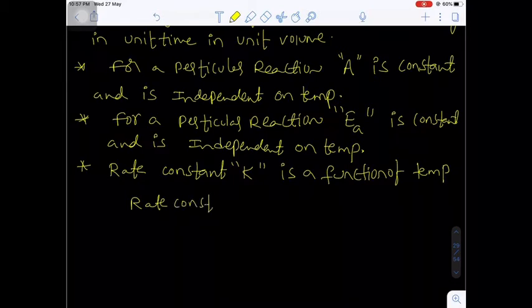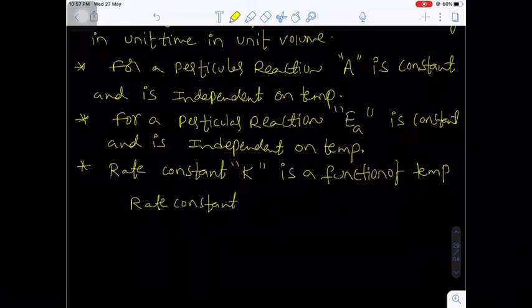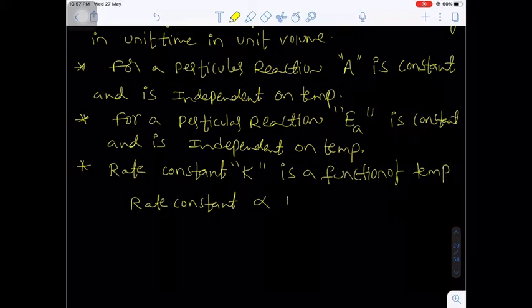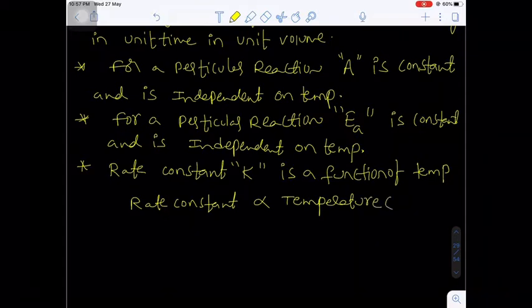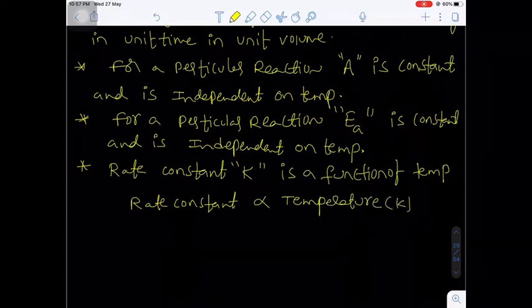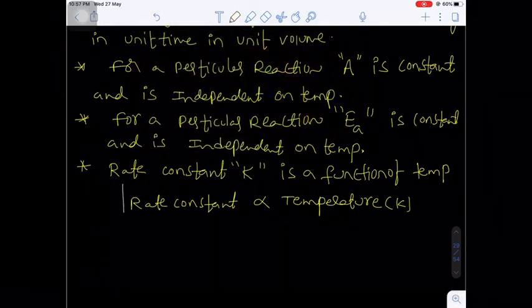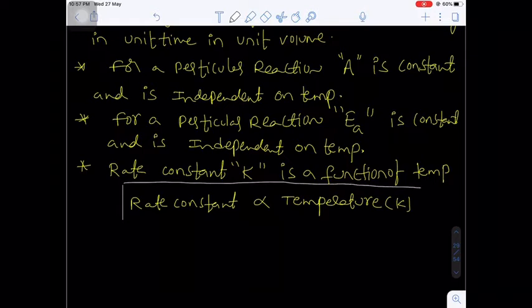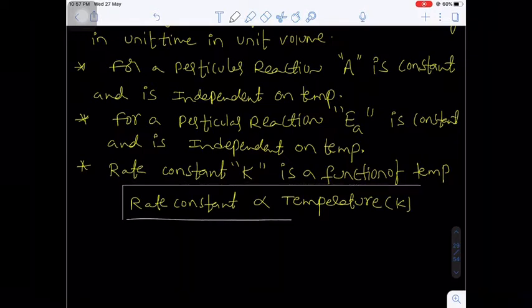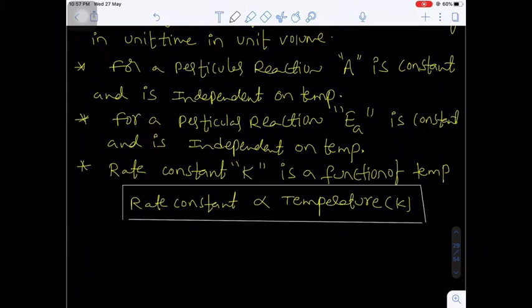The rate constant of a reaction is directly proportional to the absolute temperature, that is the Kelvin temperature. So the effect of temperature on the rate of a reaction we will discuss in the chemical kinetics chapter.